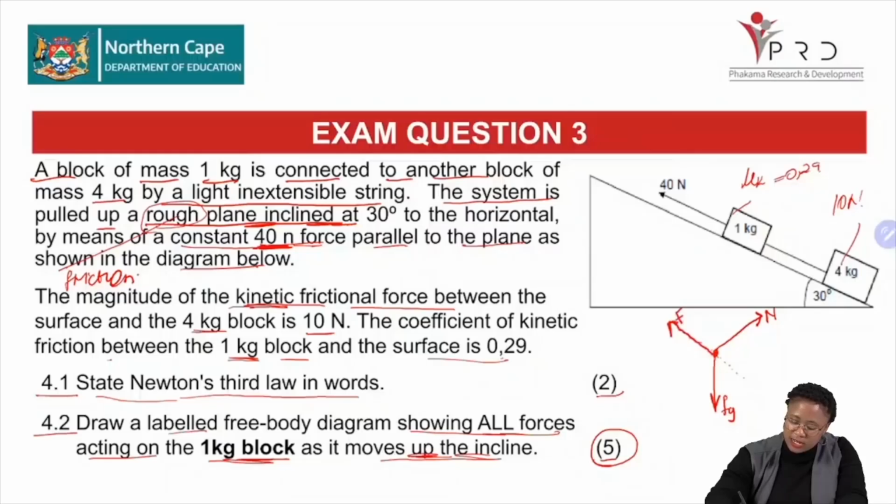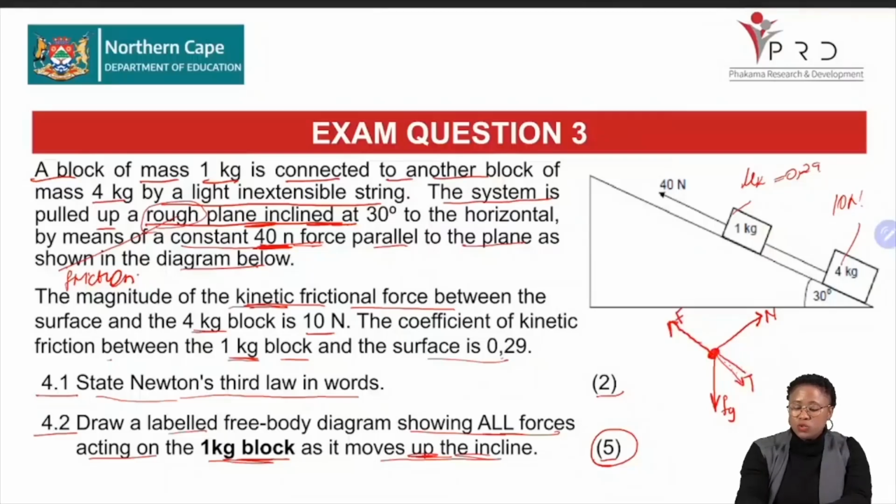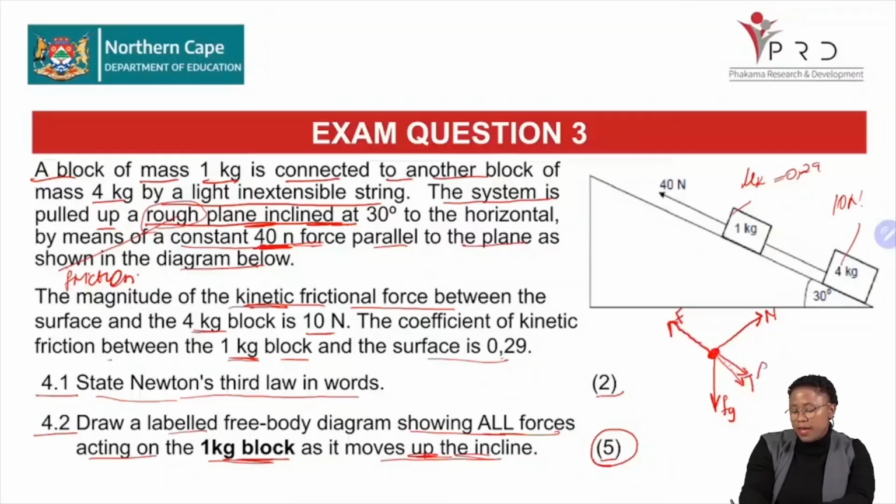Then down the incline, I have a string. That means I have a tension force going down the incline. Not just the tension force, I also have another force going down the incline, and this force must also be parallel to the surface. That force is going to be your Fk.